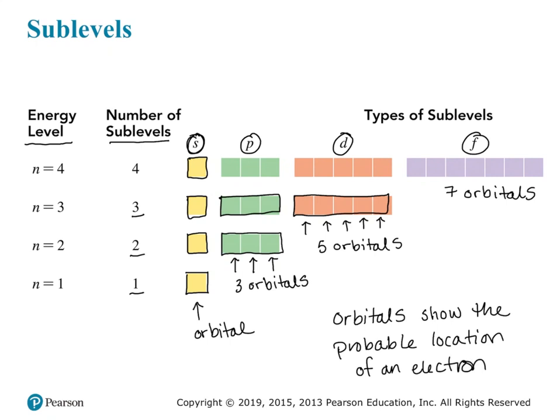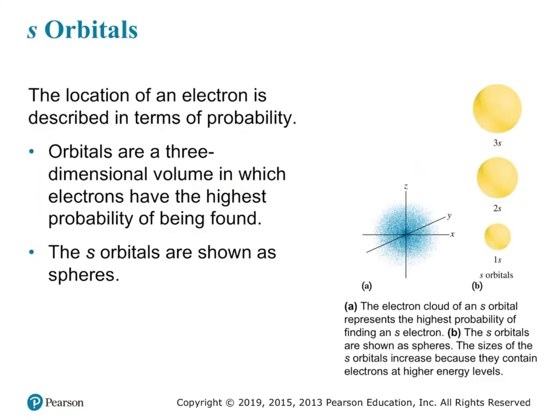So, for example, let's look at the s orbitals. So, the location of an electron is described in terms of probability.